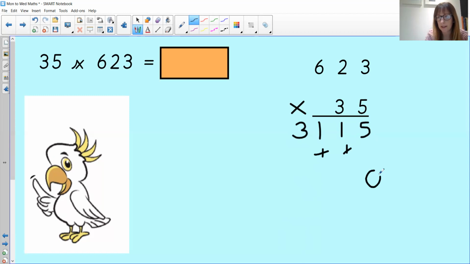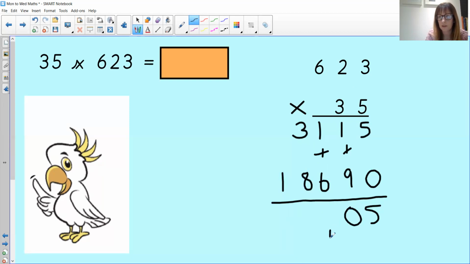So I need to put my placeholder in. So 3 times 3 is 9. 2 times 3 is 6. And 6 times 3 is 18. Then add them together. So 5 add 0 equals 5. 9 add 1 is 10.